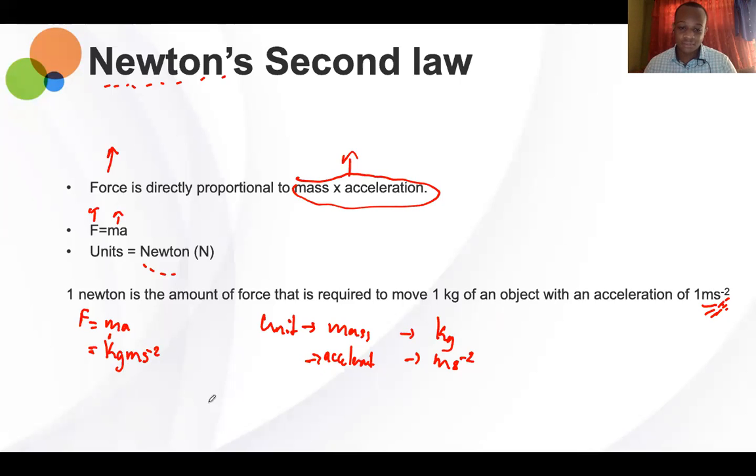Remember that the negative exponent means per. So our unit is mass times acceleration, kilograms times meters per second squared. So this is equal to newtons. Whenever we see this, our unit for force is newtons.